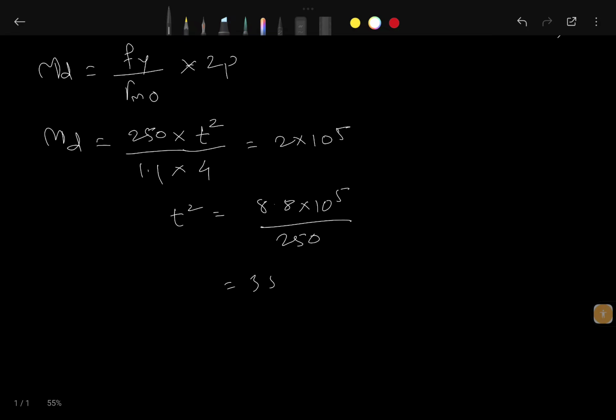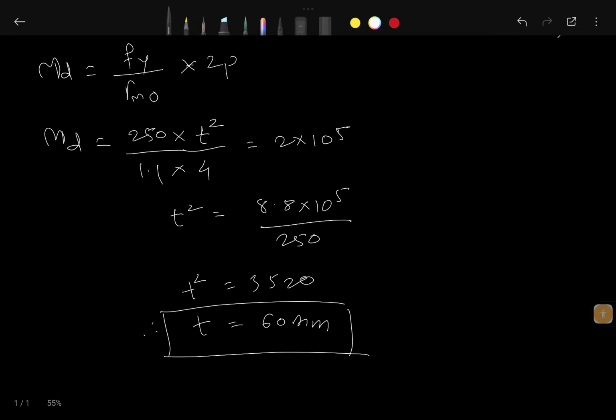It's 3520. t is equal to the square root of 3520, which is 60 mm. It's very huge, 60 mm. Therefore, provide base plate thickness equal to 60 mm.